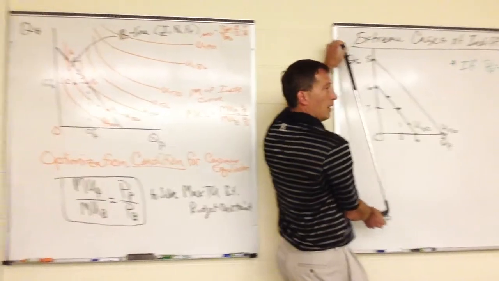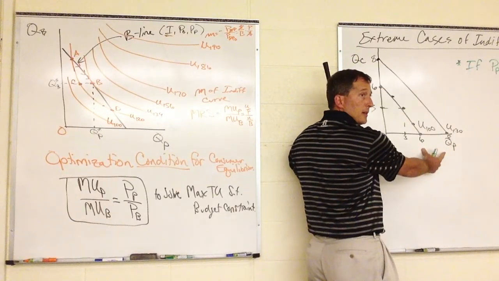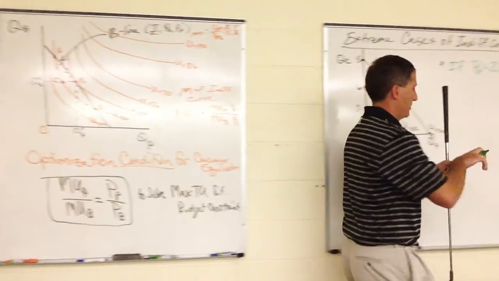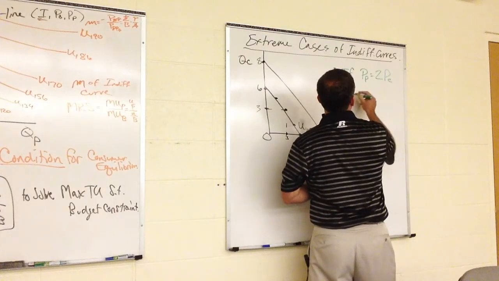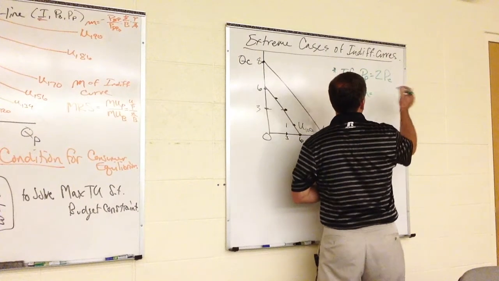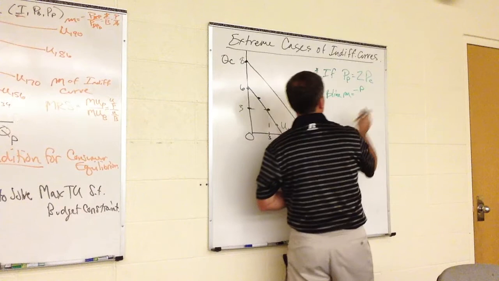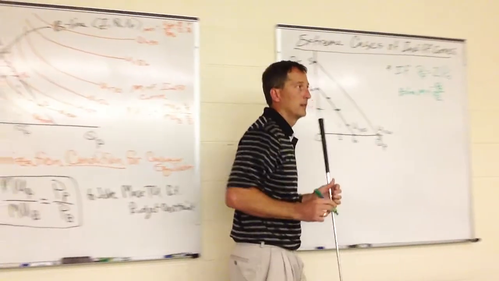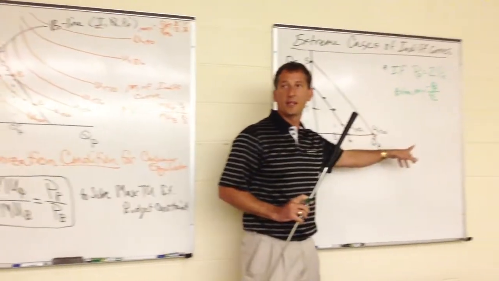Which would mean you'd buy all Pepsi. Something's not right there. What's the slope of the budget line again? The budget line slope is equal to negative price of Pepsi over the price of Coke.